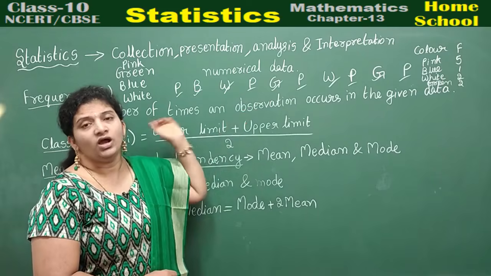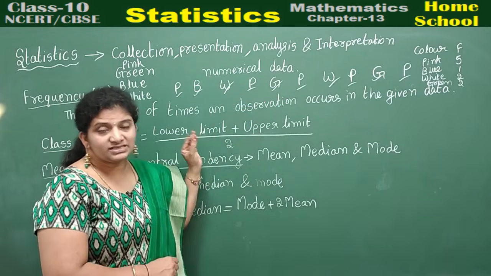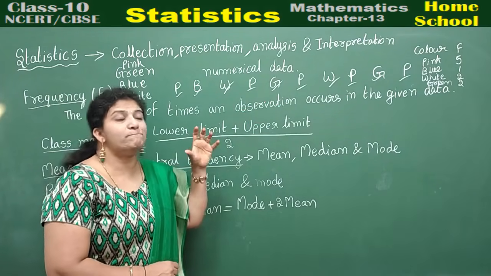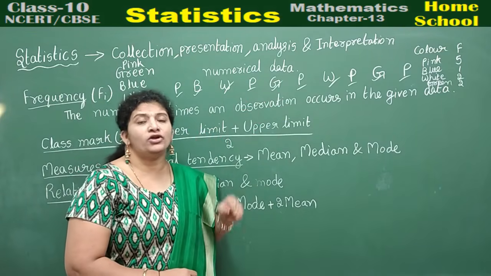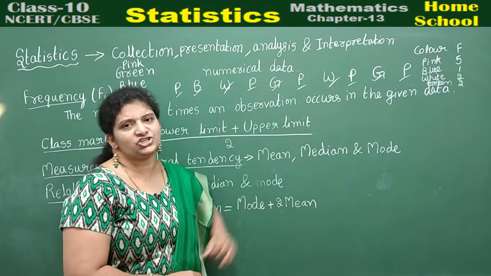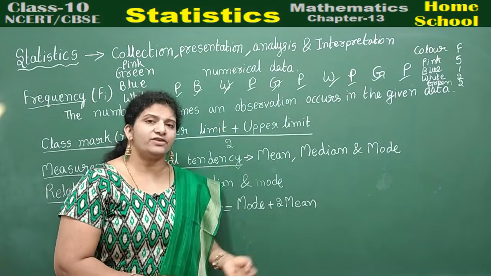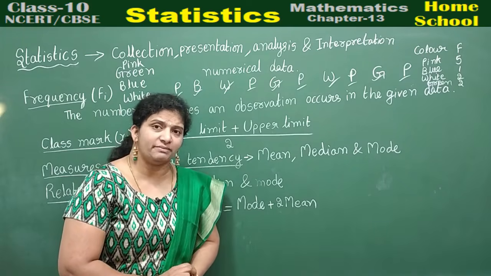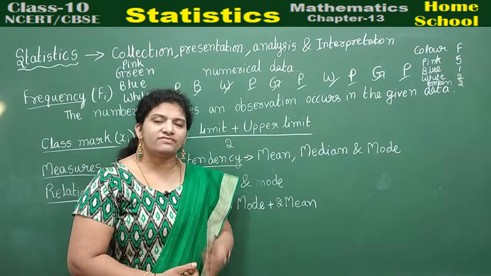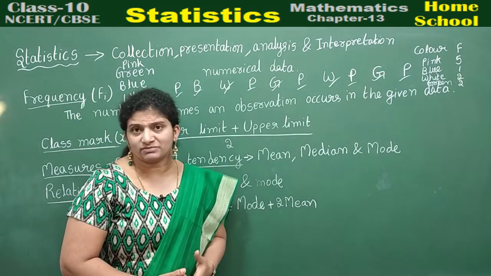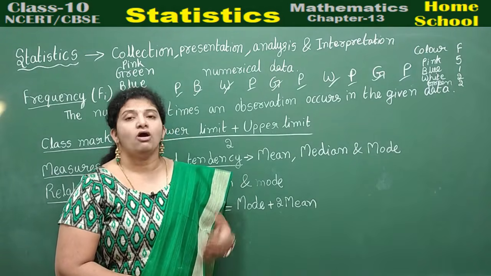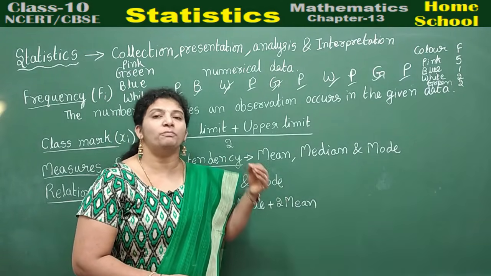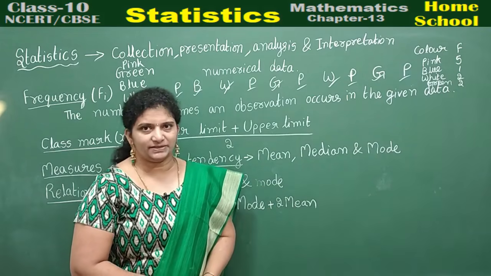How many times blue? How many times white? This is nothing but the number of times that an observation occurs. Frequency is always represented by Fi. We may say it is the number of times an observation is repeated, or the number of children who opted for the color.